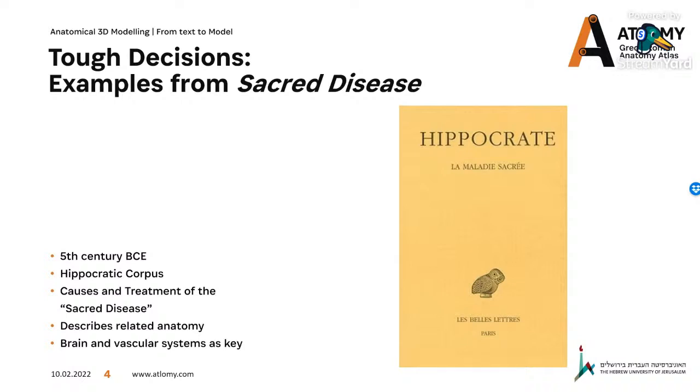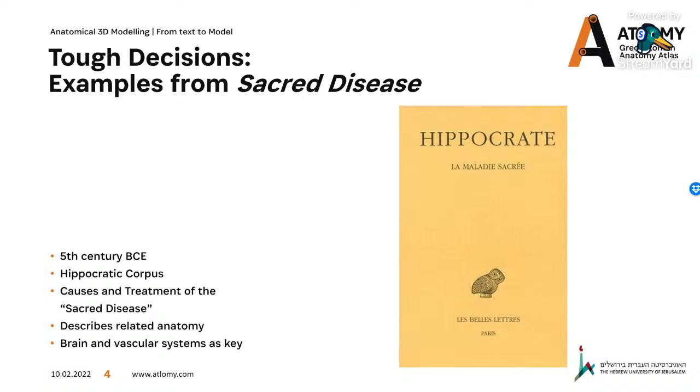For the author, it's very important to show that the brain, and the phlegm which gathers in there and changes the temperature of the brain, are the cause for the disease. And also the fact that the air which is required for the functioning of the body gets stuck in places in the vascular system and cannot pass through properly.